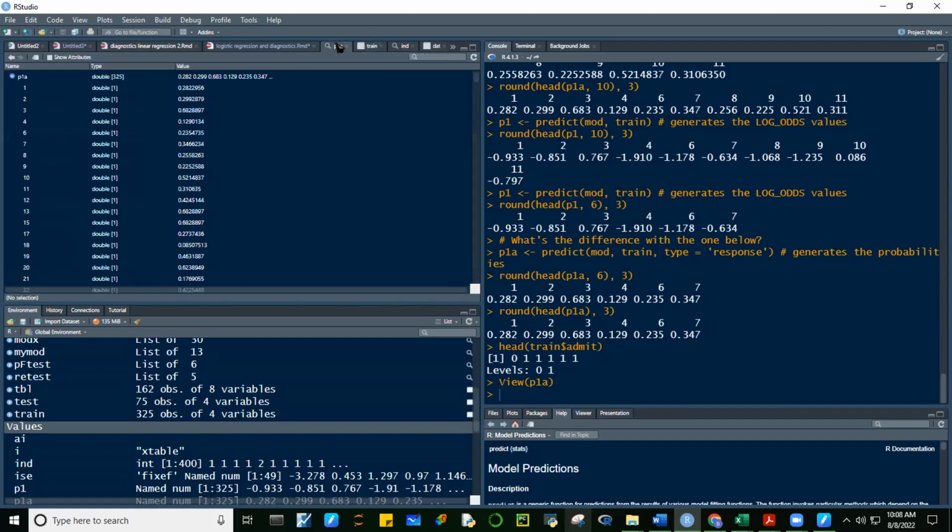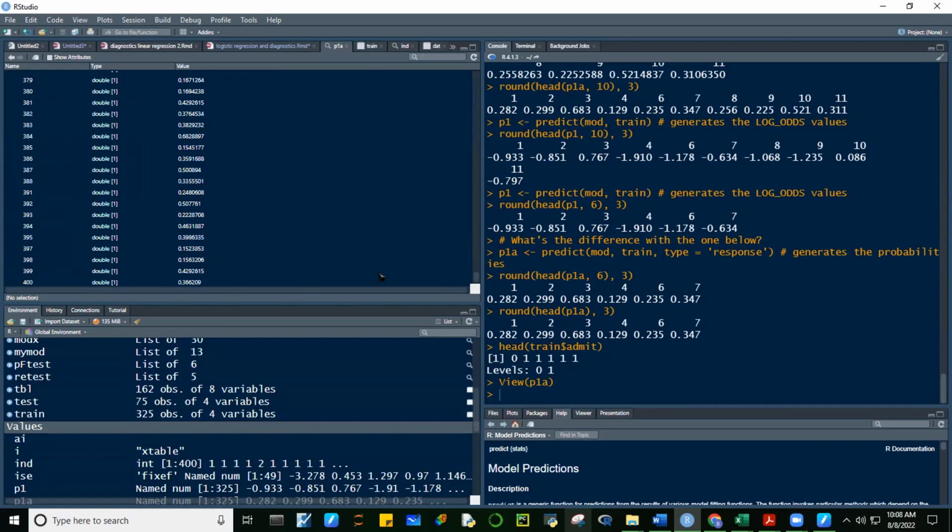P1A's probability is 0.366. So that's correct.